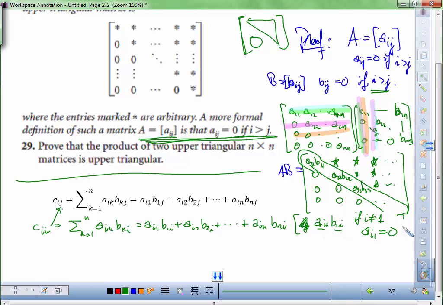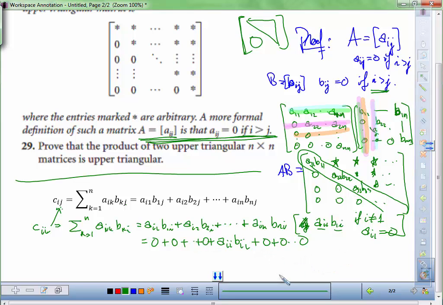So what we're going to have here is that everything is equal to 0 except for a_ii and b_ii. And everything else is going to be 0.